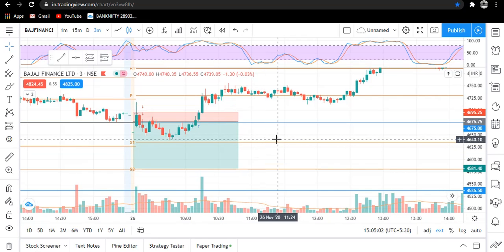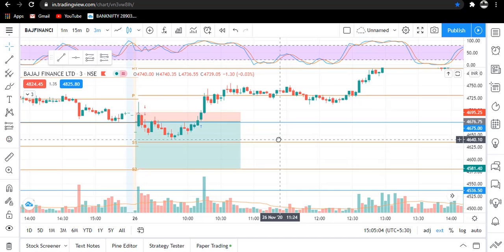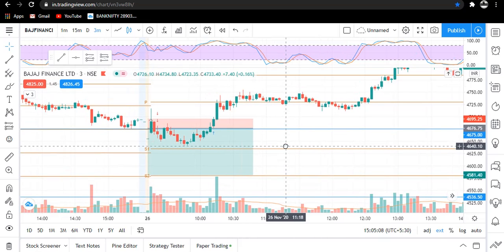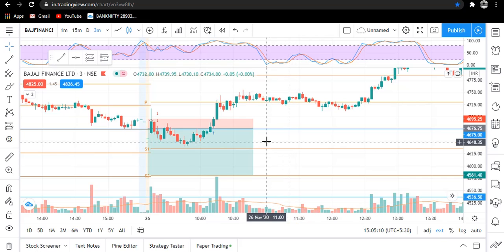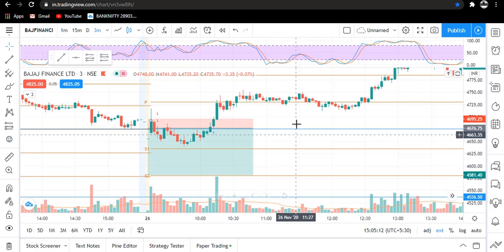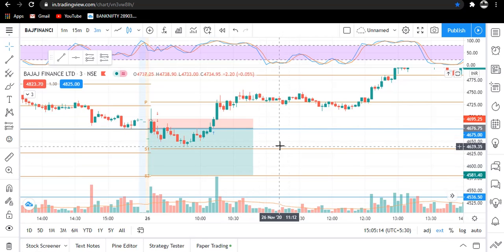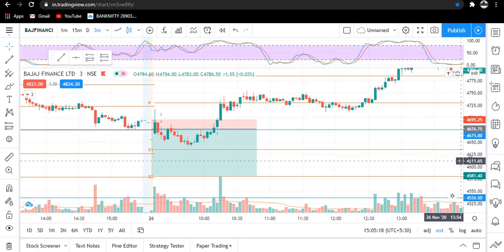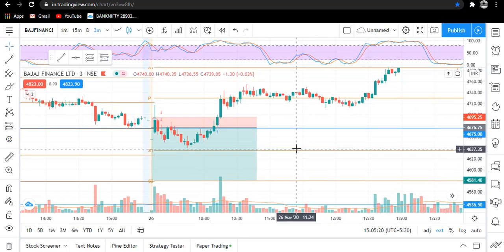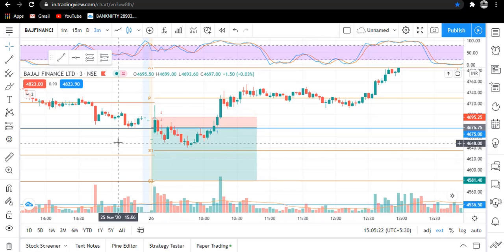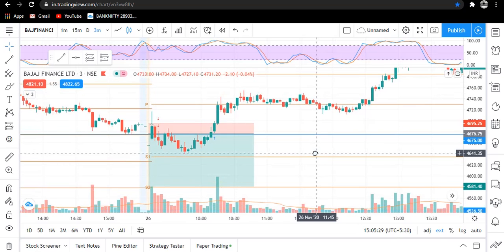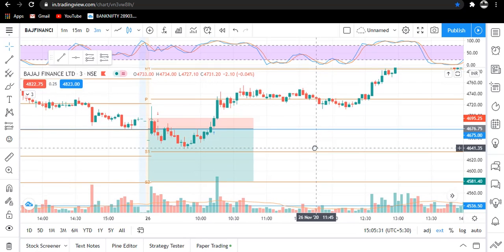You can see how the Bajaj Finance price reversed from here. So here we learned that trailing stop loss is a good thing, but it should be placed at a good position, that is near other swing highs or swing lows, to prevent our trade from any kind of reversal or from booking a huge loss.